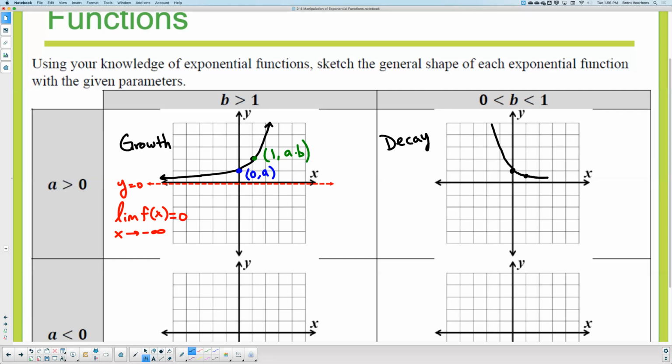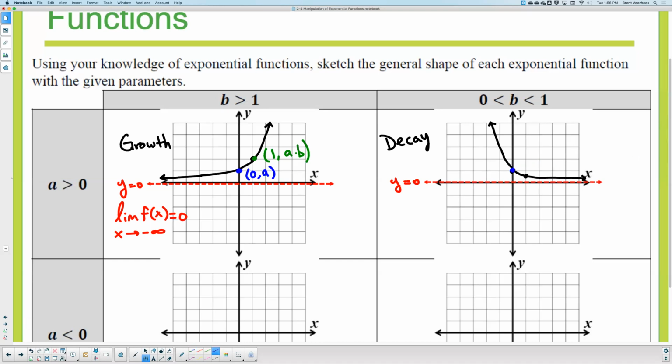Again, it has a horizontal asymptote at 0. So go ahead and approach the x-axis. Add in y equals 0, my asymptote. My key features will stay the same the rest of the way.